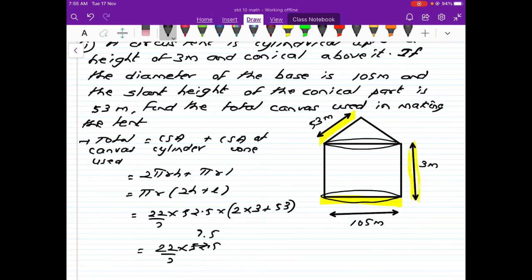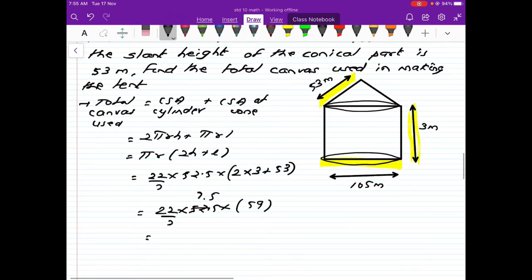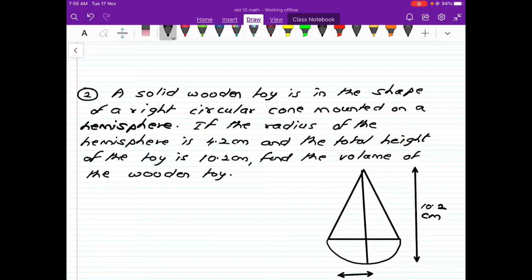It will become 7.5 into 6 plus 53, means 59. So we are getting the total canvas used as 9,735 meters square. So this is the required canvas which is used for making the tent.